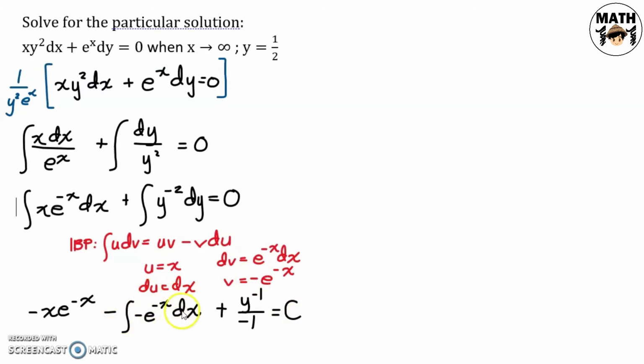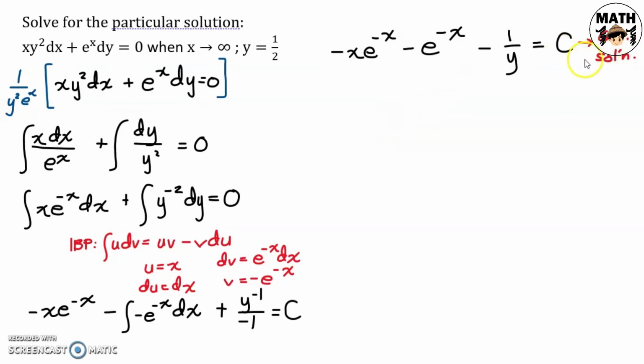Evaluate natin ang integral nito. Negative x e raised to negative x minus that will be positive, and the integral of e raised to negative x is negative e raised to negative x minus 1 over y, that is equal to c.